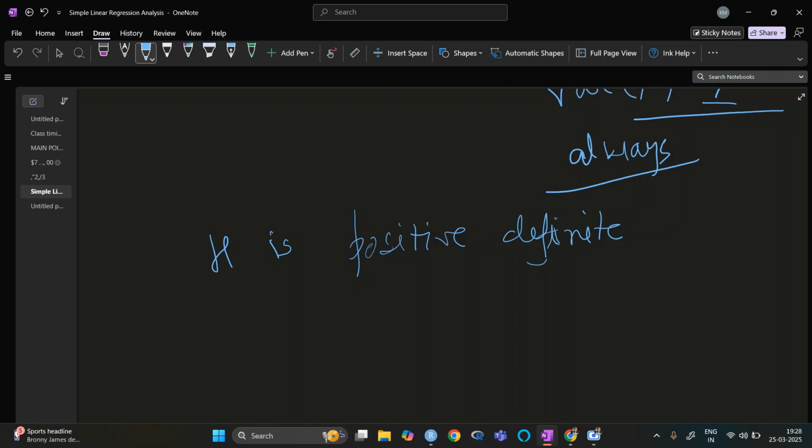That means it has at least one point, a minimum, for these beta naught, beta 1. So its global minimum will be found at this point. So this is the least squares estimation.